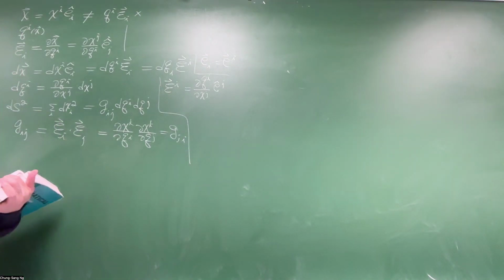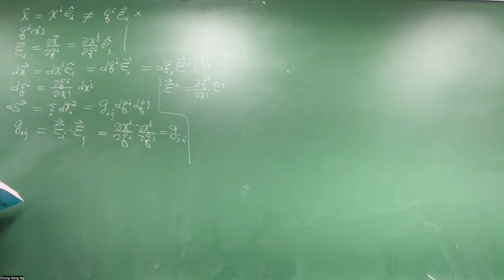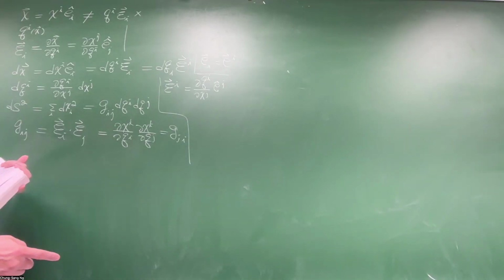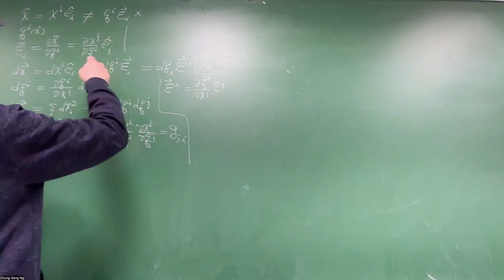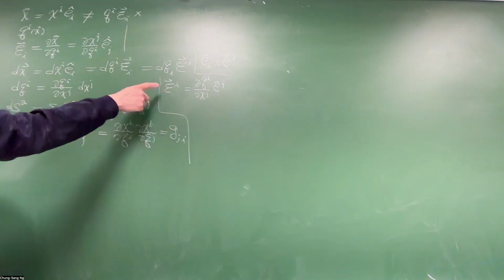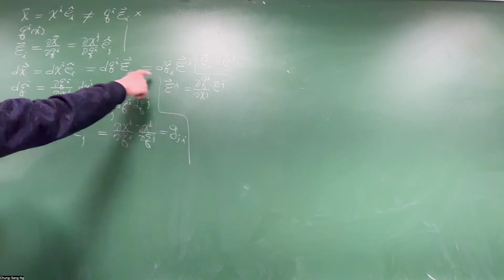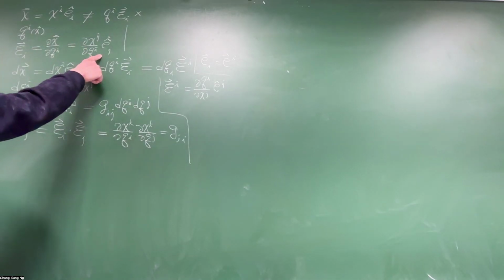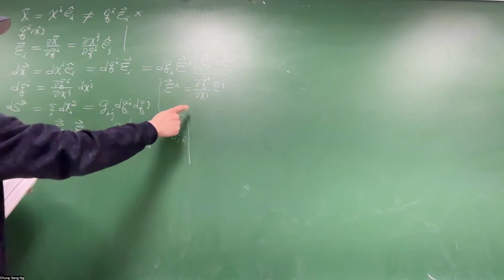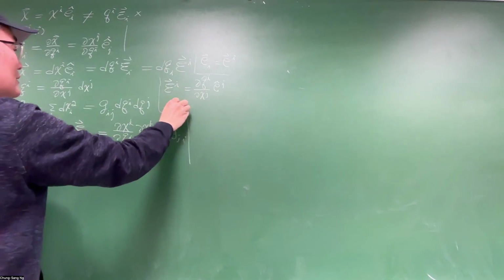That's why it's a little bit redundant to define contravariant or covariant for Cartesian coordinates. But for a general coordinate system, this is different. This superscript epsilon is generally different from this subscript epsilon, so they transform differently. What the subscript transforms like this, the superscript transforms like this.